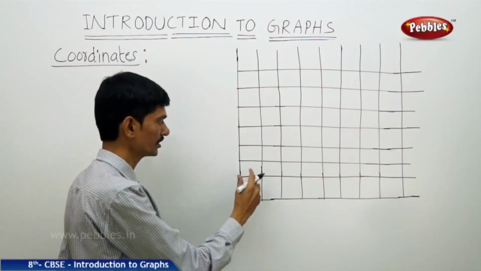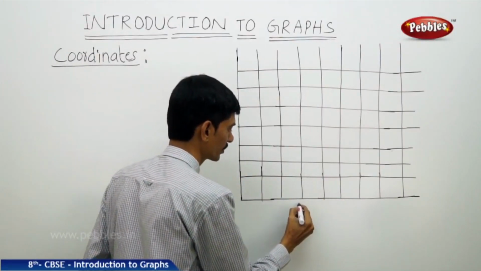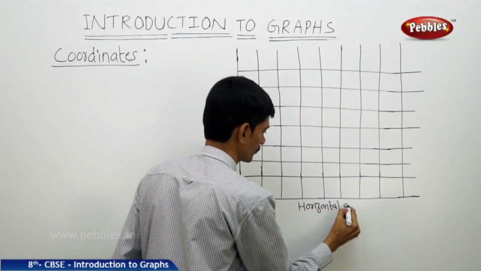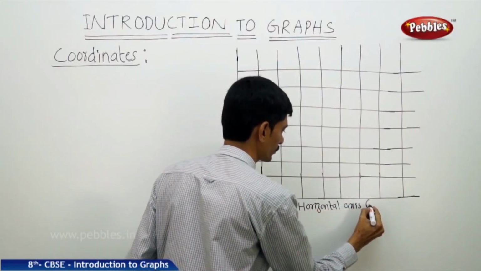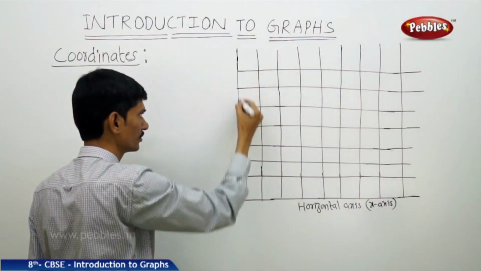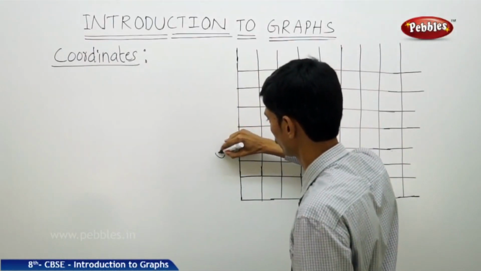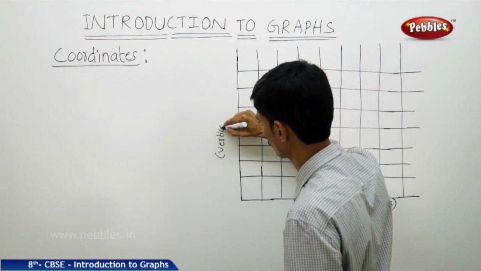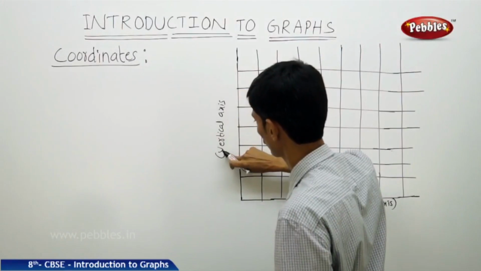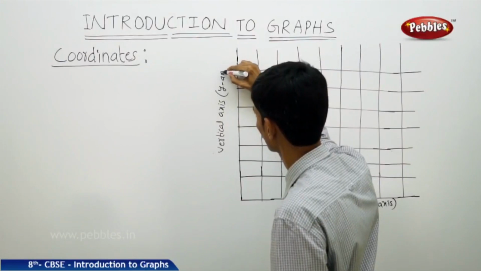In this Cartesian plane, the horizontal line is called the horizontal axis or x-axis, and the vertical line is called the vertical axis or y-axis.